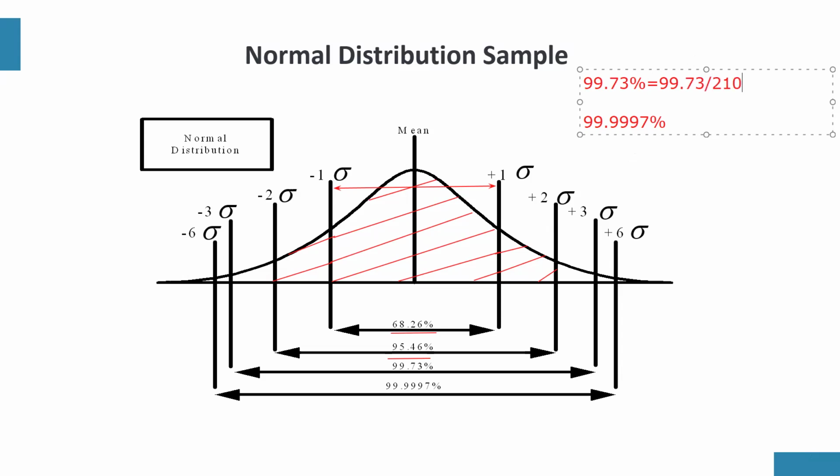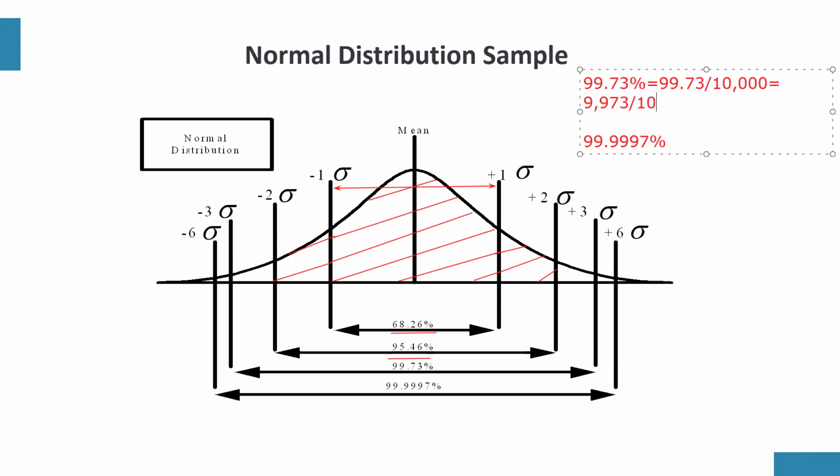And how do we do that? When you remove decimal points, you add more zeros. So 99.73, if you want to remove the decimal points, we're going to add 2 zeros below. That can be rewritten as, out of 10,000 products, 9,973 products should be defect-free.